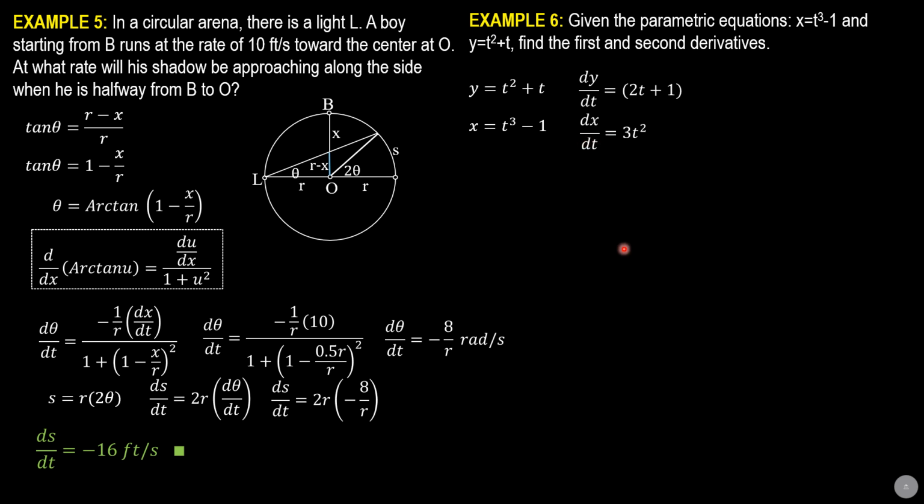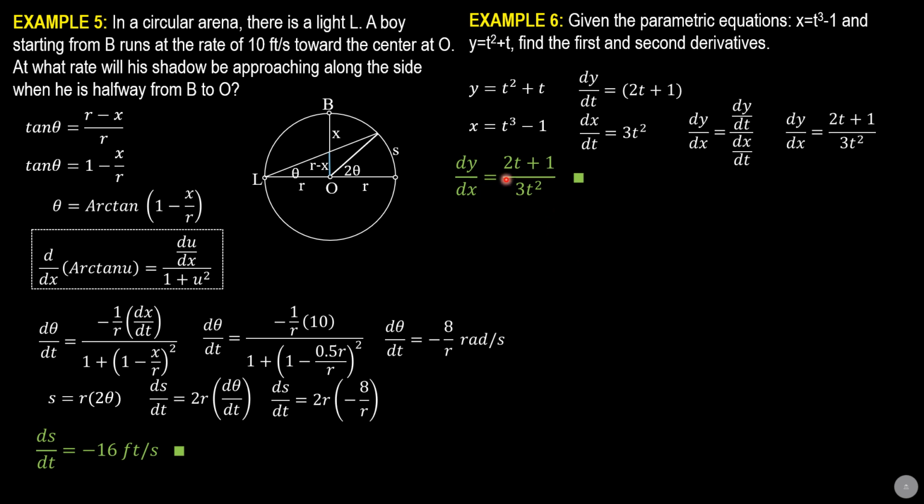So dy/dx, the slope, is dy/dt over dx/dt. Substitute values: dy/dt is 2t plus 1, while dx/dt is 3t squared. So therefore dy/dx is equal to (2t plus 1) over 3t squared. So that's the answer to the first derivative.